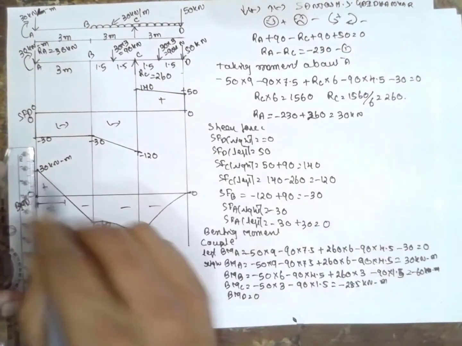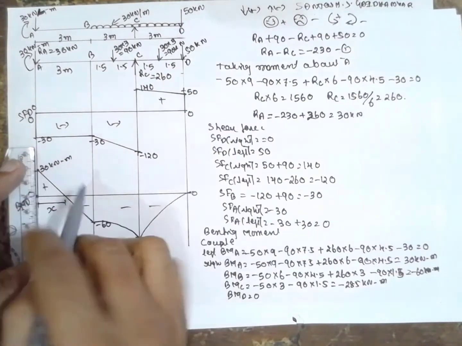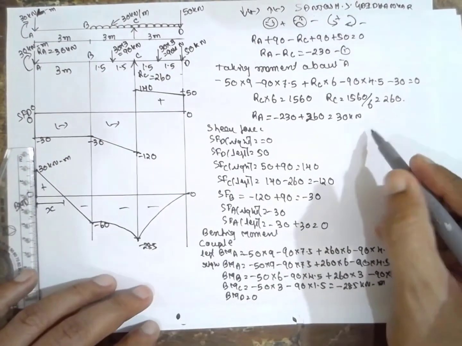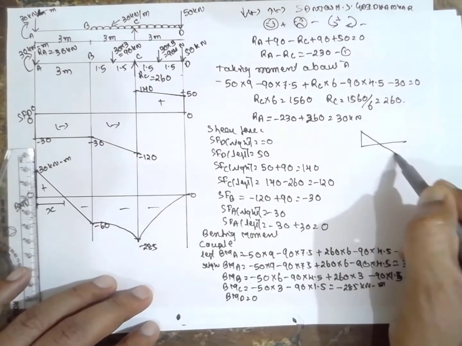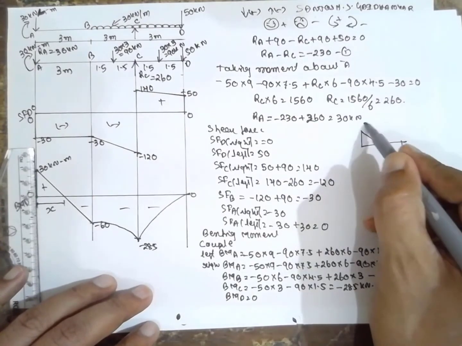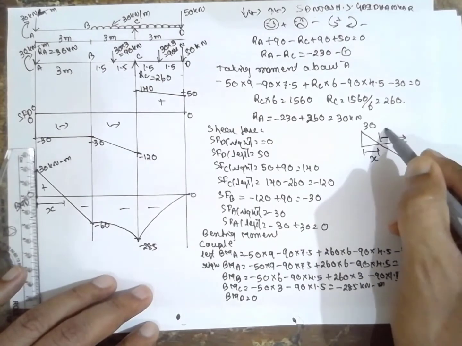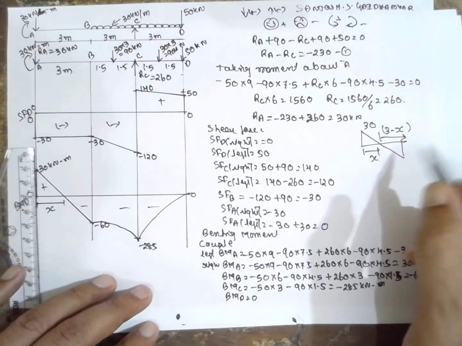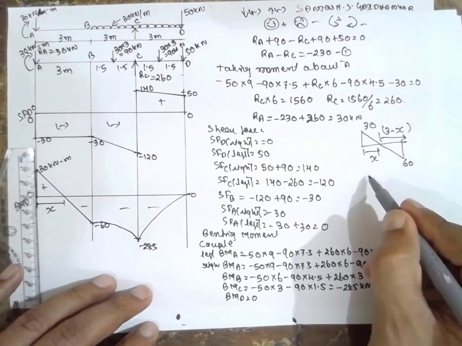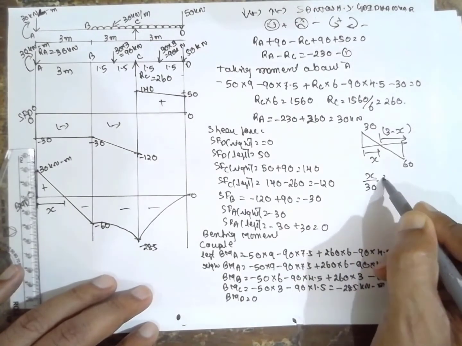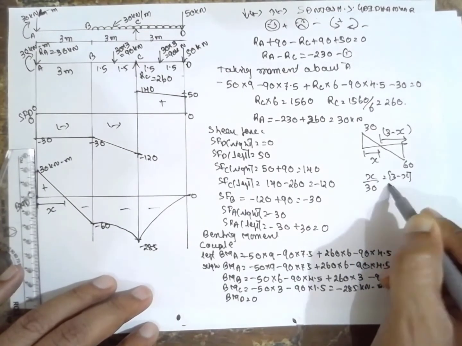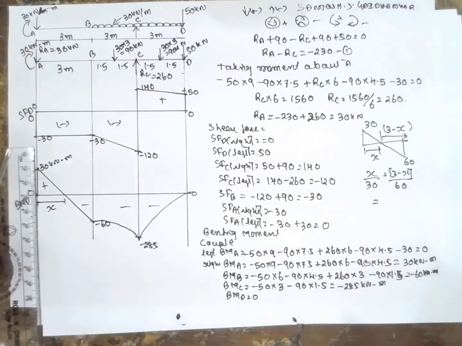It's very easy. If it is parabola, you have to cut the portion. If it is an inclined line, a triangle, directly you can find out the x distance. You can find out in this way. Here 30, x, and this distance will be 3 minus x, and this will be 60. Don't consider the minus sign. x divided by 30 is equal to 3 minus x divided by 60. Calculate with the help of the calculator.